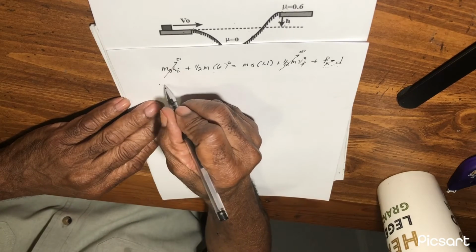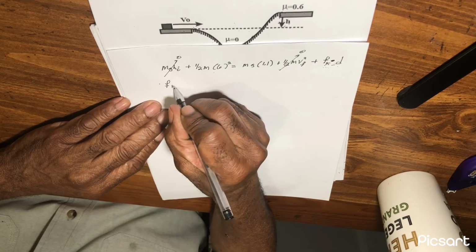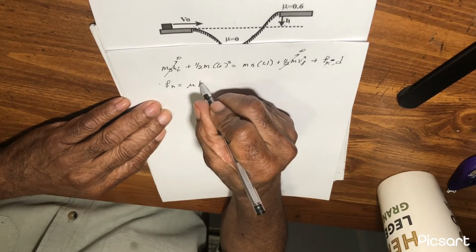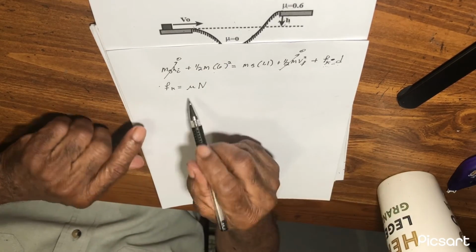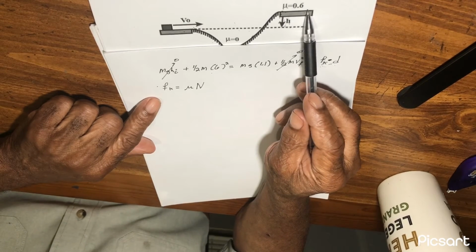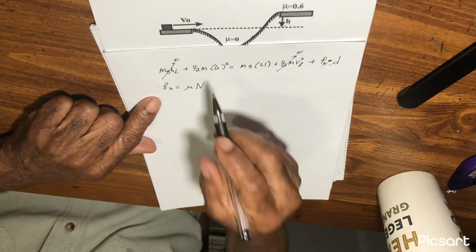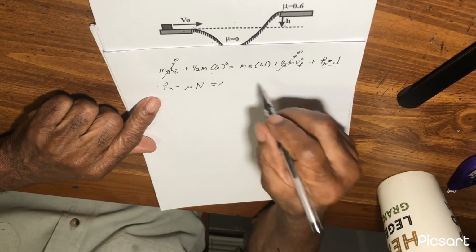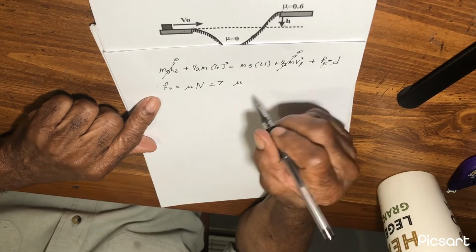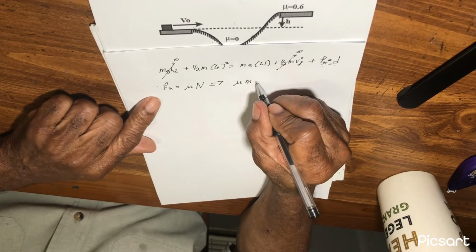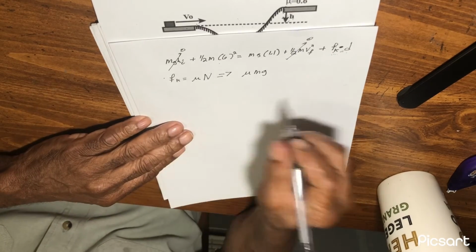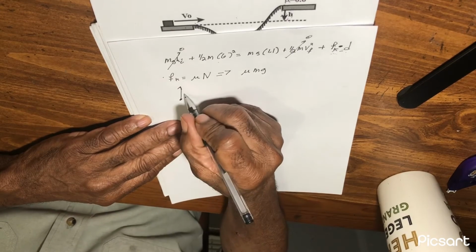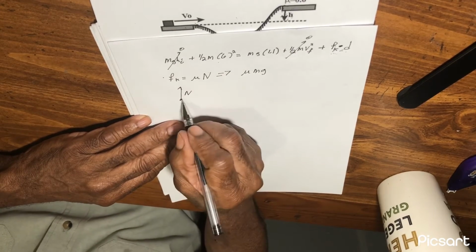Now, Fk is equal to mu times n. And for a flat surface, we're going to just skip a step because we know that's mu times mg. Maybe I better show that with a force diagram. That's n on our block.